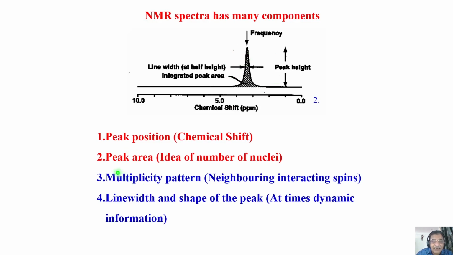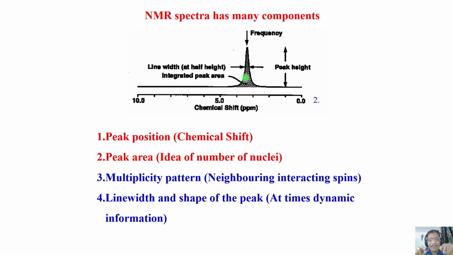Another interesting thing we have to discuss from today's class onwards is the multiplicity pattern. This peak, assuming there are no other neighbors interacting with it, is going to be a single peak. Assuming I am looking for a proton in a molecule, or a hydrogen, where it is resonating, if all the neighbors are far away and there is no interaction of other protons or any other NMR active nuclei with this particular proton of my interest, it will be a single peak.